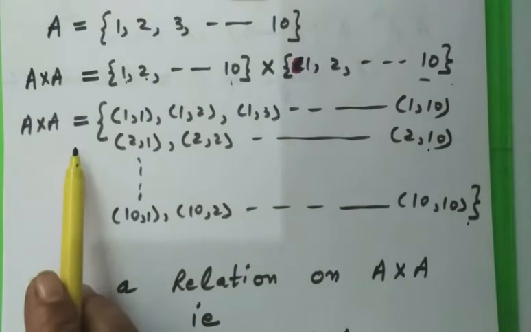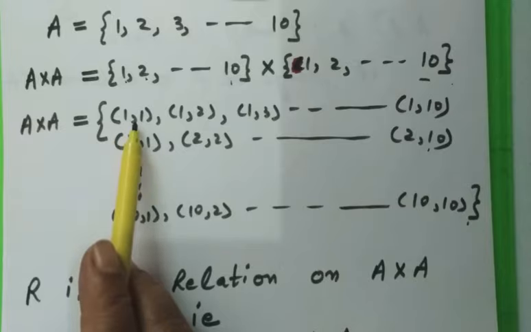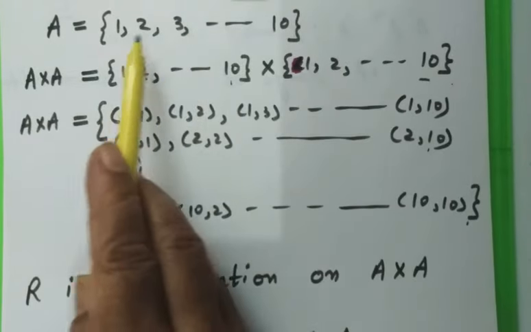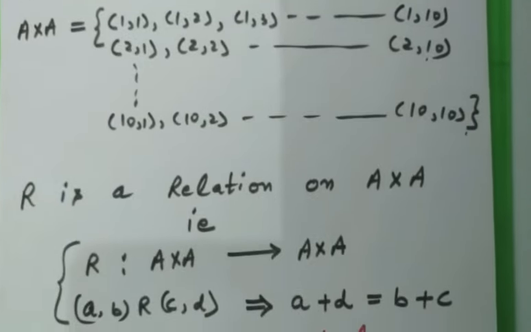A cross A is the set of ordered pairs where the elements of the ordered pairs come from set A. They are the natural numbers from 1 to 10. Now, let us see what the question is.